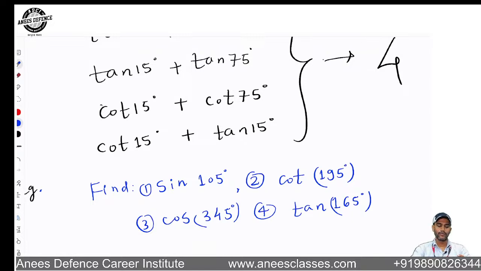Applying that coordinate system theory, I mean, in which quadrant which particular trigonometric ratio is positive or negative, please try to solve these questions. So you are supposed to find out sine 105, cot 195, cos 345, and tan 165 degree.